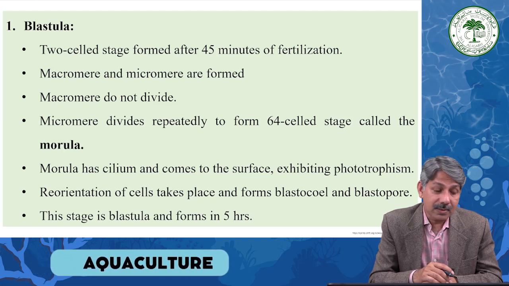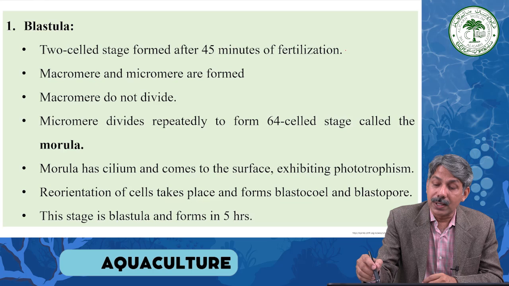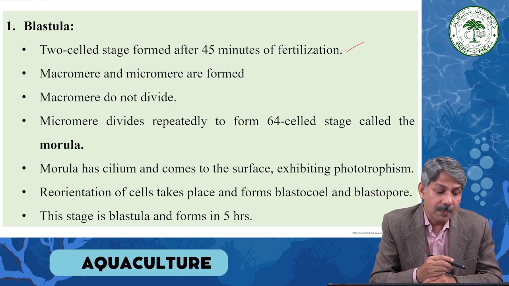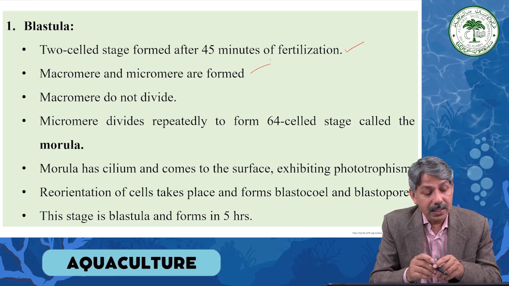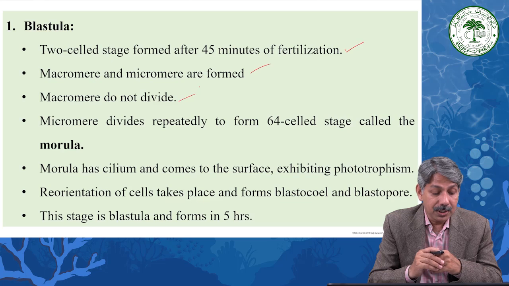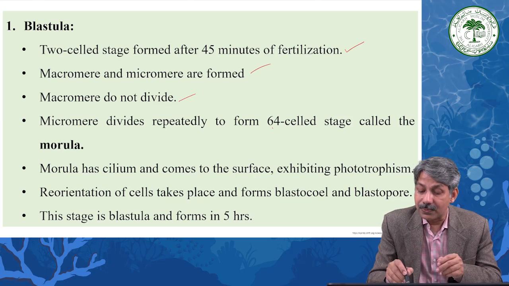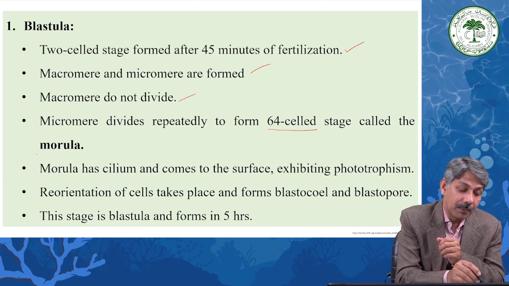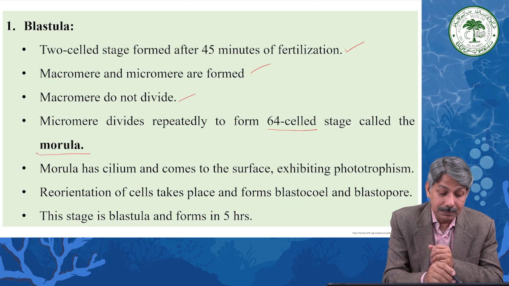Blastula stage is characterized by two-celled stage formed about 45 minutes after fertilization. Macromere and micromere are formed, and then macromere do not divide. Micromere divides repeatedly and forms 64-celled stage, which we call as morula. Morula has cilia.